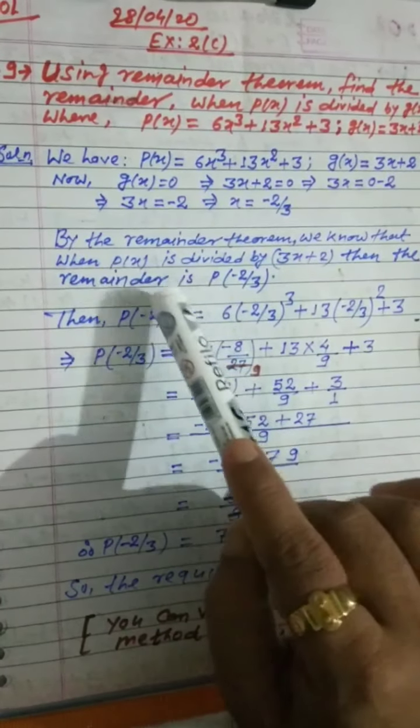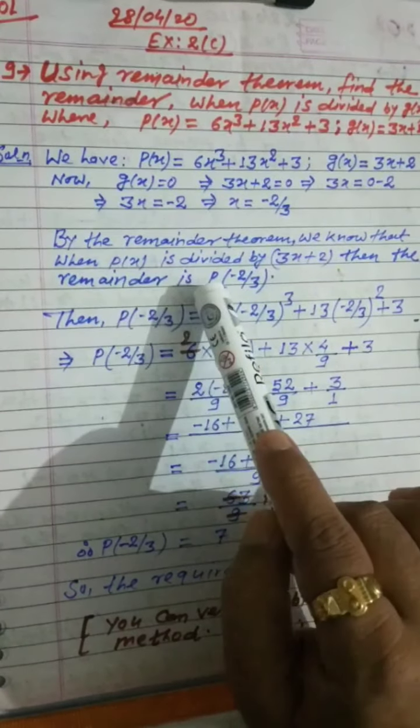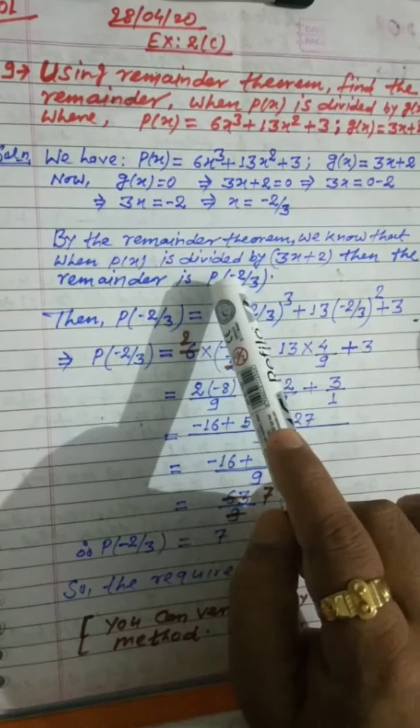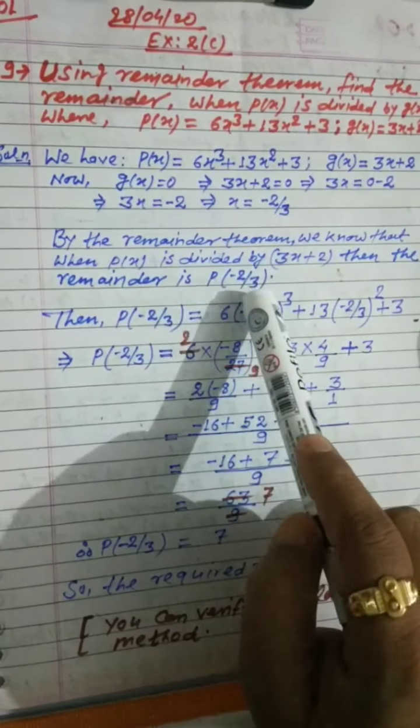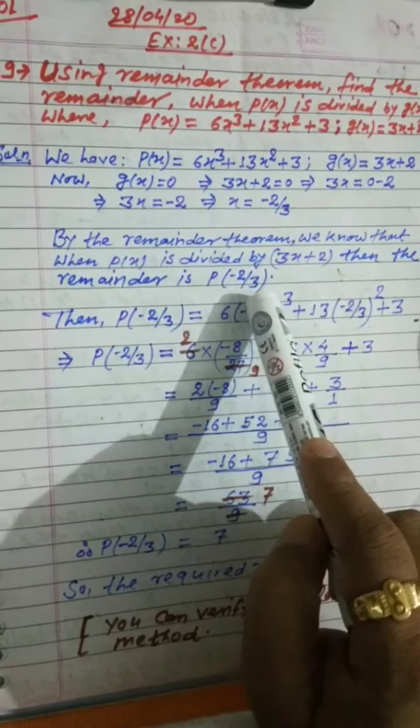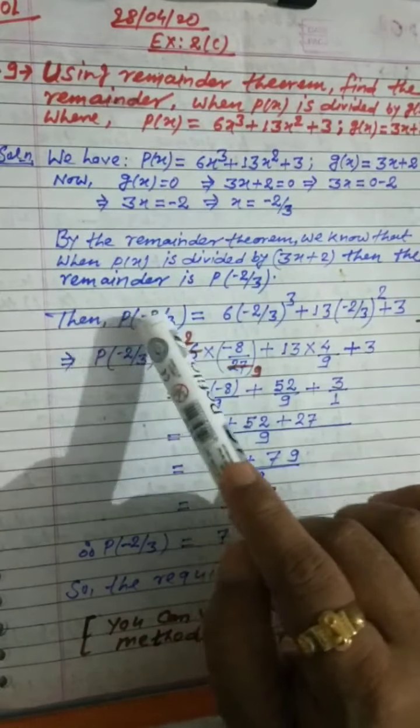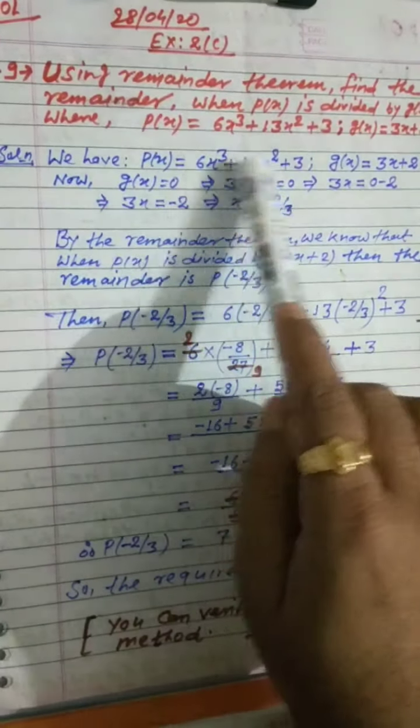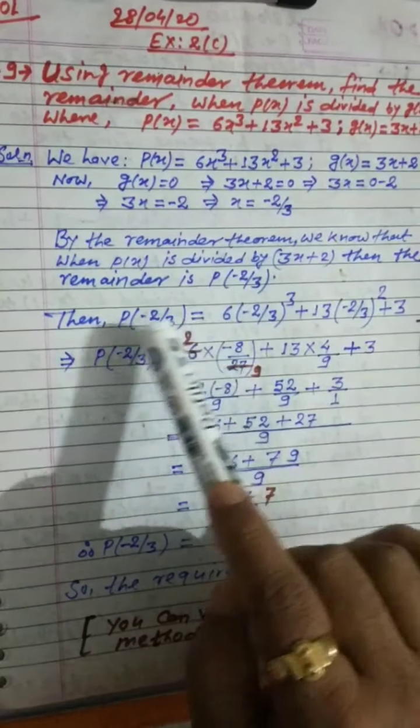So the required remainder will be the value of the polynomial at x is equal to minus 2 by 3, that is p(minus 2 by 3). Now let us find the value of this polynomial at x is equal to minus 2 by 3.